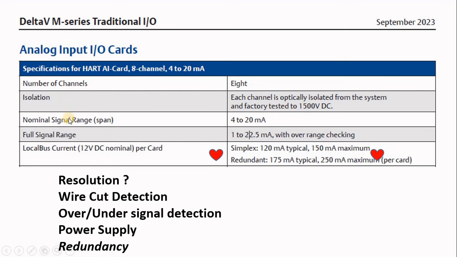When you look at the I/O card, look at the resolution and the wire cut detection, so it can tell you if the wire has been cut or you lost the transmitter completely. Can it see over and under voltage, the signal detection, where the power supply comes from, and whether it is redundant or not.